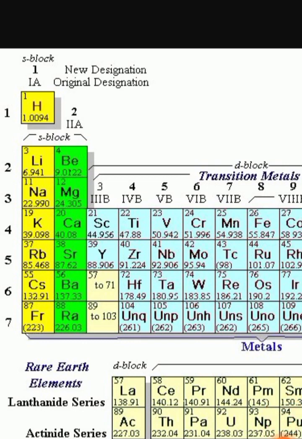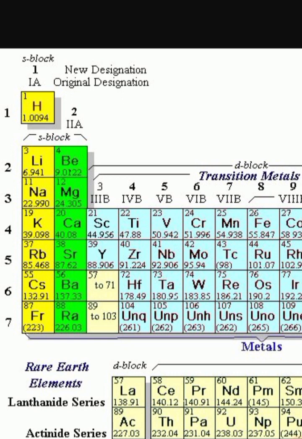If you check this one, we have the s block elements. Let me first explain the groups. We have group 1A, group 2A. Group 1A is hydrogen, lithium, sodium. Check the dark yellow, not the light yellow.